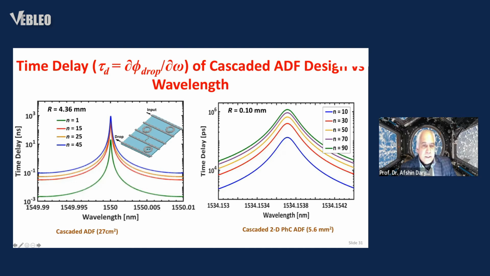And look, I'm zooming in on a very narrow region, and I'm also using only 100 micrometer in radius, and I still achieve a delay in the range of a microsecond. And the chip size is about 5.6 millimeters squared versus the chip size of 27 centimeters squared.